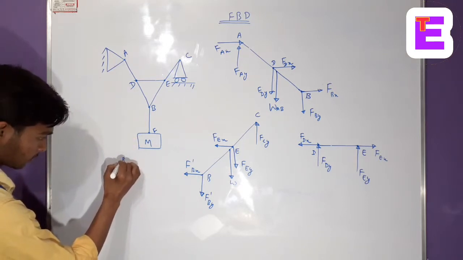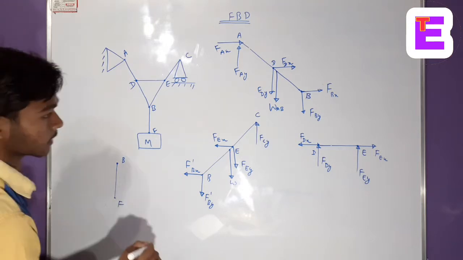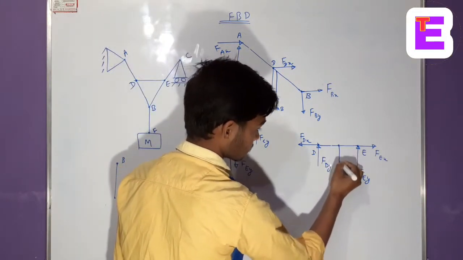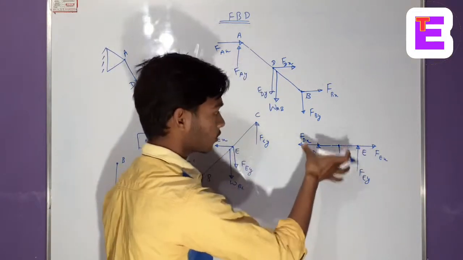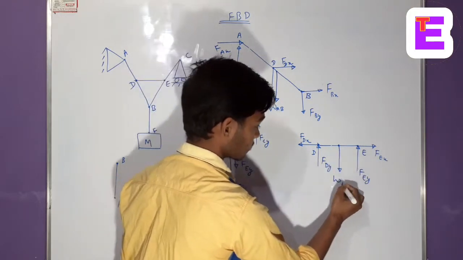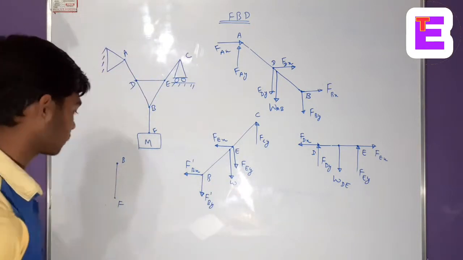Now if we try to draw the free body diagram for this Bf part, this is say Bf and this is say F, and here we have to draw for its own weight, that is say WDE, okay, and here we have shown, okay.